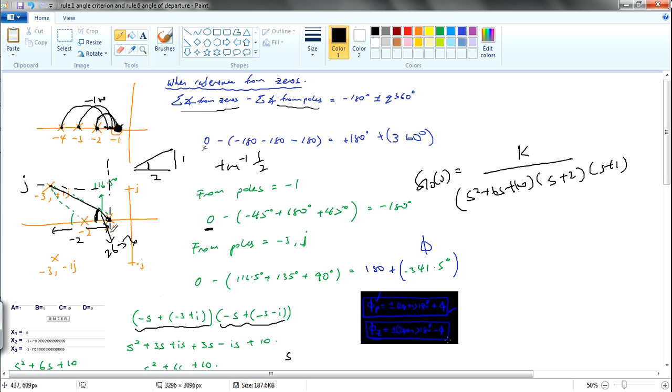So this is 90 degrees. Hold on, I confused myself. It is actually an angle downwards. You are talking about the angle from the poles, from this pole to here.